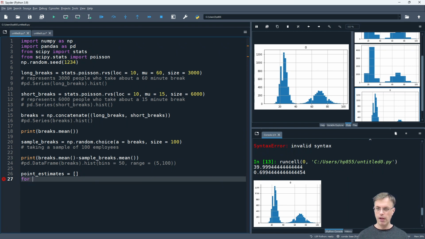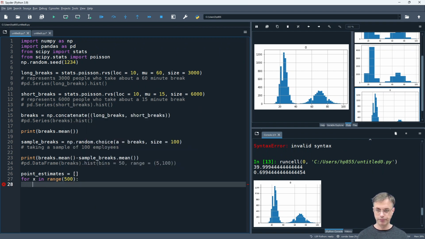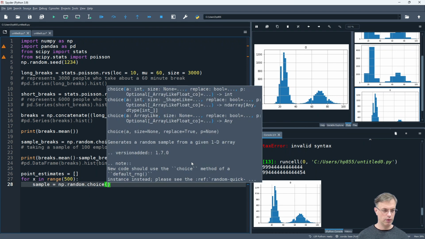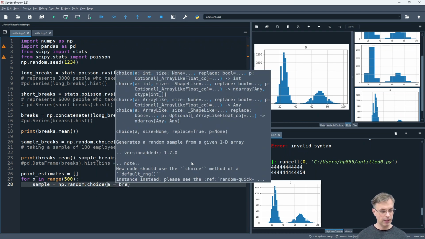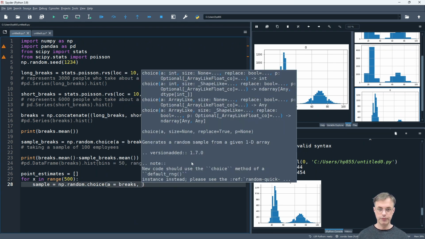For x in range, and sample size is now 500. sample = np.random.choice, a is breaks and size is 100.